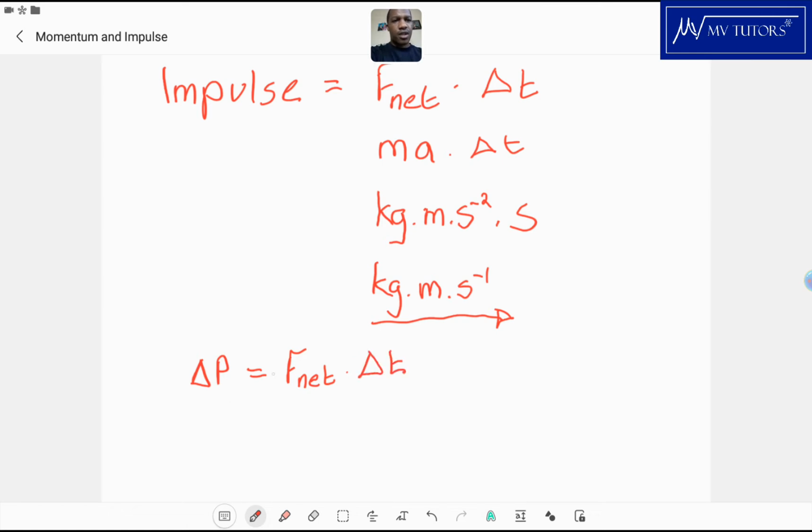Because they both give you the same unit, they are equal. Keep this equation in the back of your mind, we will need it in some of these questions. I just wanted to demonstrate where this equation comes from. This is the equation of impulse: the change in momentum is equal to the product of the net force times the change in time.